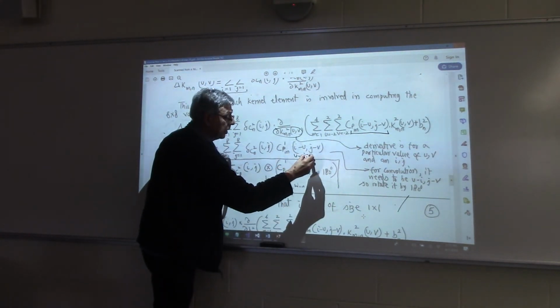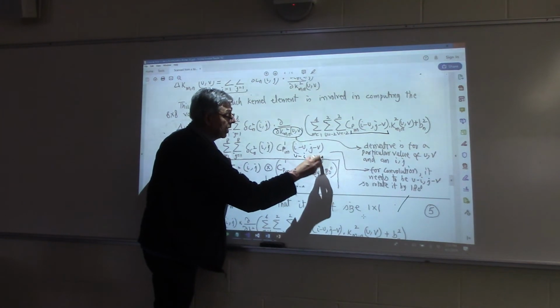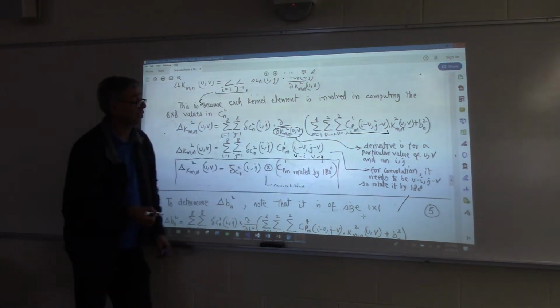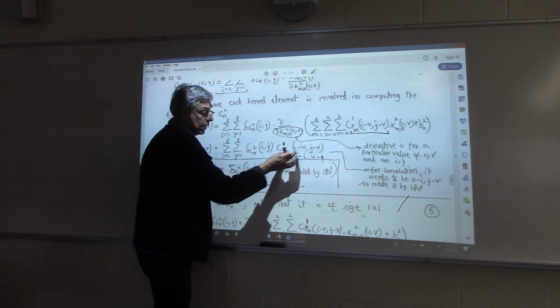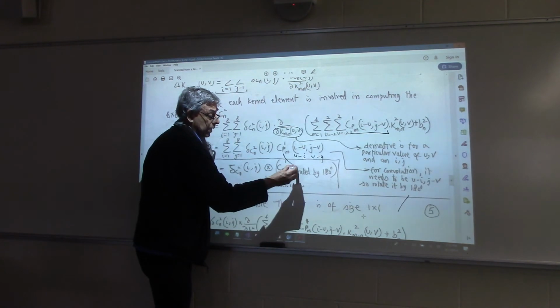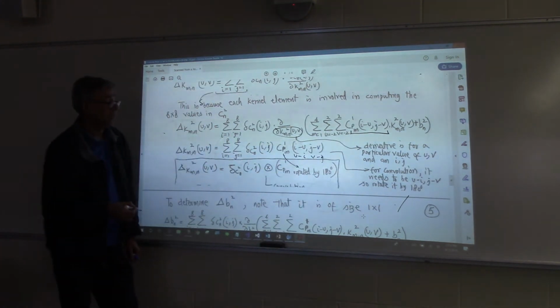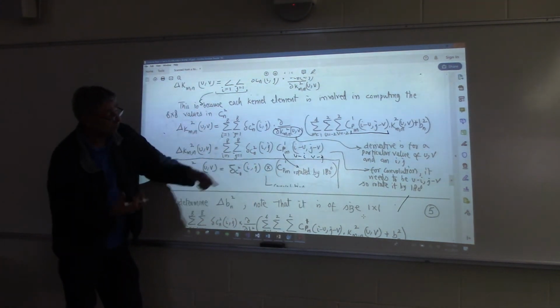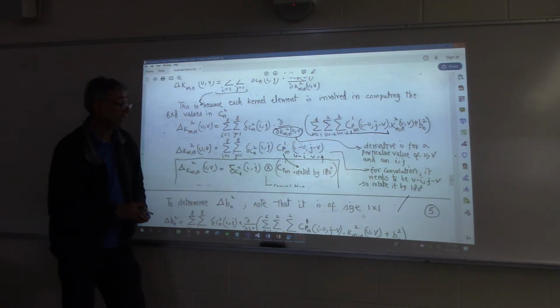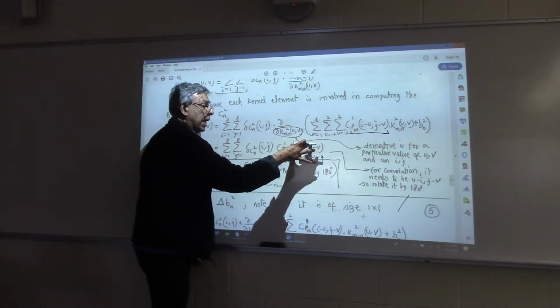And if this was v minus j, then it will be a true convolution. How do we switch it? All we have to do is rotate this by 180 degrees. Remember, once we do the convolution, we already do a 180 degree rotation. So which will be exactly this.